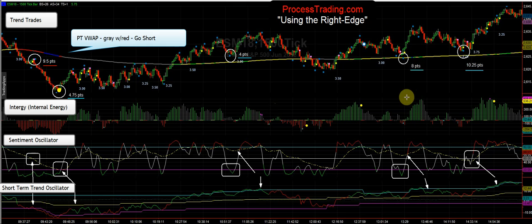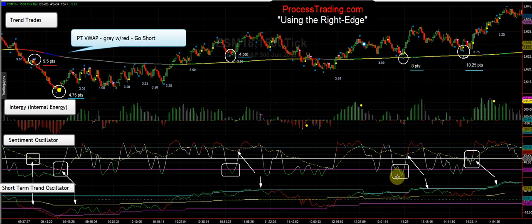Again, we look at our discretionary indicators. When we look down, we see that the energy right at this point is just starting to turn green. So it was weak, and there was a little bit of negativity, not overpowering by any means. And in fact, now it's starting to turn green again, which is positive energy. We have the same scenario as we had before, with this very little energy driving the momentum all the way below the lower bound, just as it did over here.